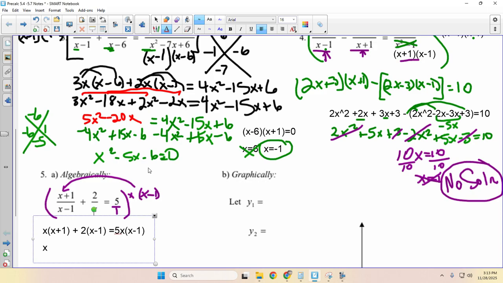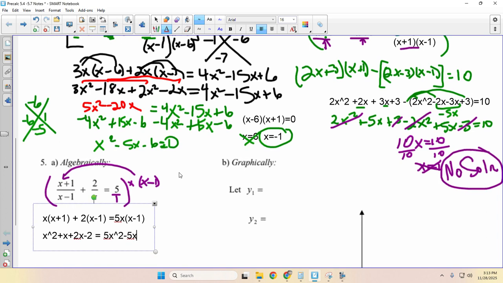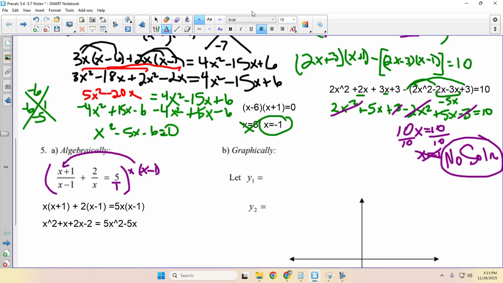So this gives us x squared plus x plus 2x minus 2 equals 5x squared minus 5x. All right, let's see, combine like terms and simplify our lives here. X and 2x is 3x.